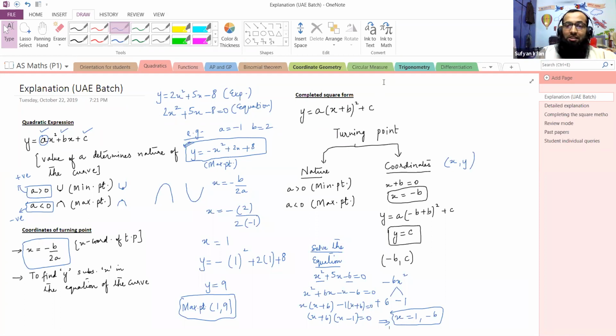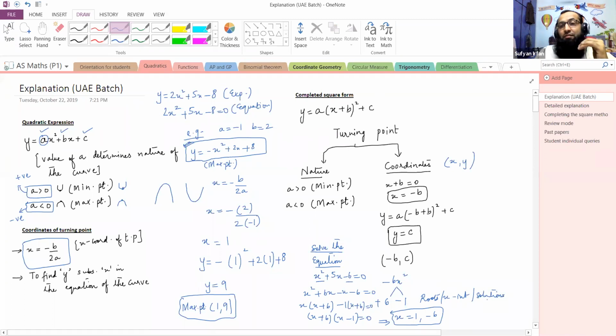So these are not the turning points. They are the roots, or they are the x-intercepts, or they are the solutions of a quadratic equation. Solve the equation, we find solutions. Solve the equation, we find the roots. And the roots are the values where the curve crosses the x-axis.